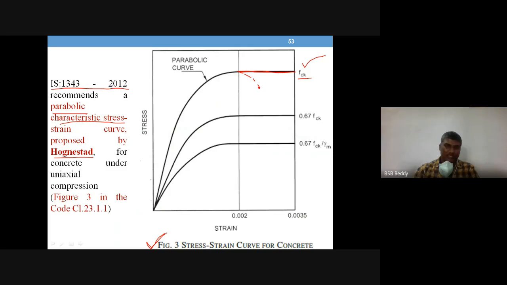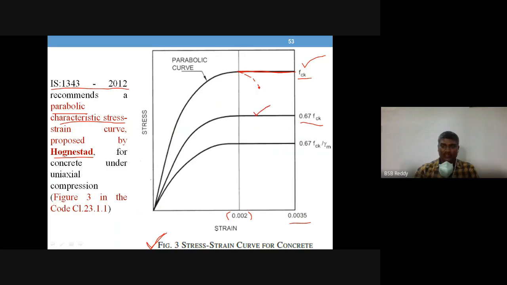So the parabolic nature of the curve is adopted from Hognestad. Okay. Right. So the strain values, if you observe, 0.002 strain is where this parabolic curve ends, and the ultimate strain in concrete is 0.0035. Okay. And how is this 0.67 FCK, and what about this one?